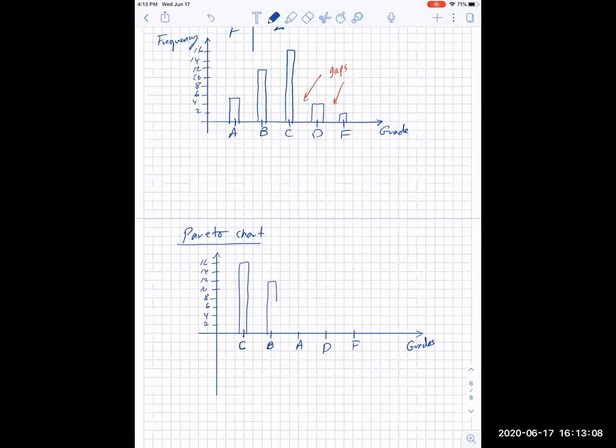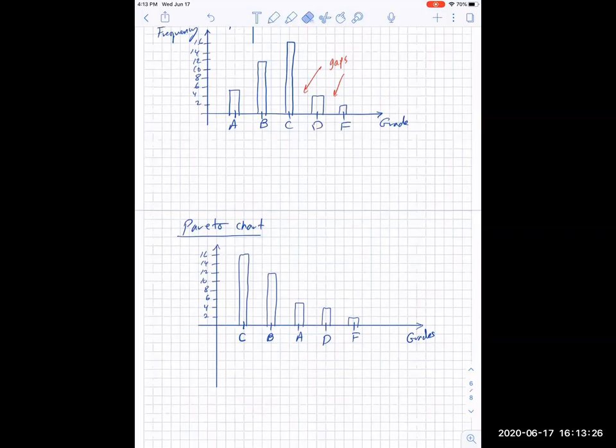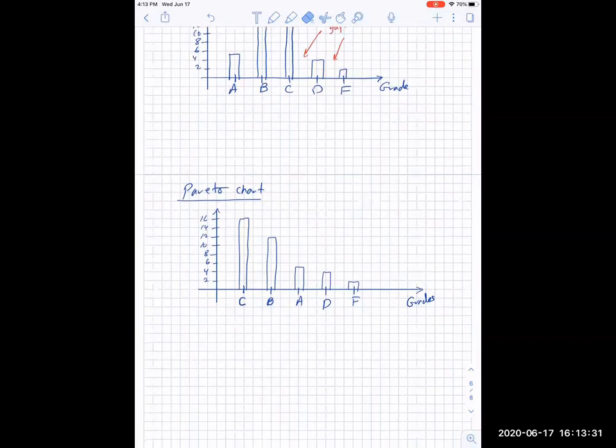And then the A is 5. 4, 2. And I'm done. This is the Pareto chart. Okay. Same as the bar graph, except that the bars are arranged in descending order. Questions?